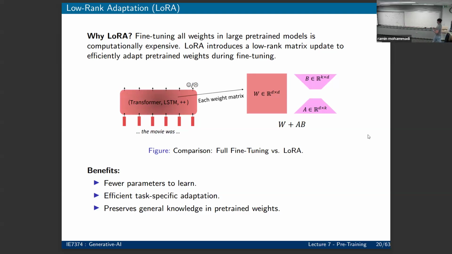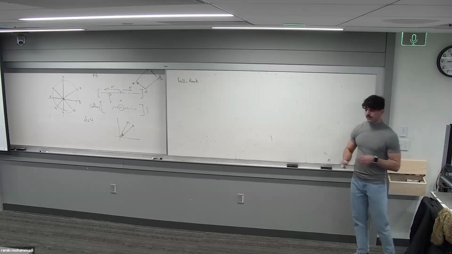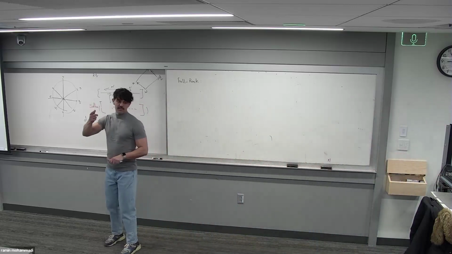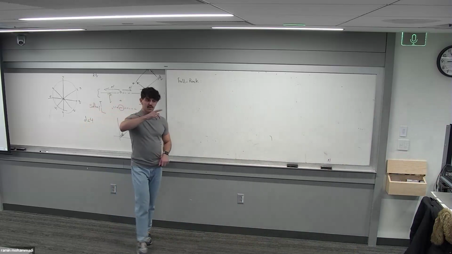Do you know what a low rank matrix is? Who knows what a full rank matrix is? The rank is equal to the minimum of m comma n. The rank of a matrix is defined by the maximum number of linearly independent rows and columns.